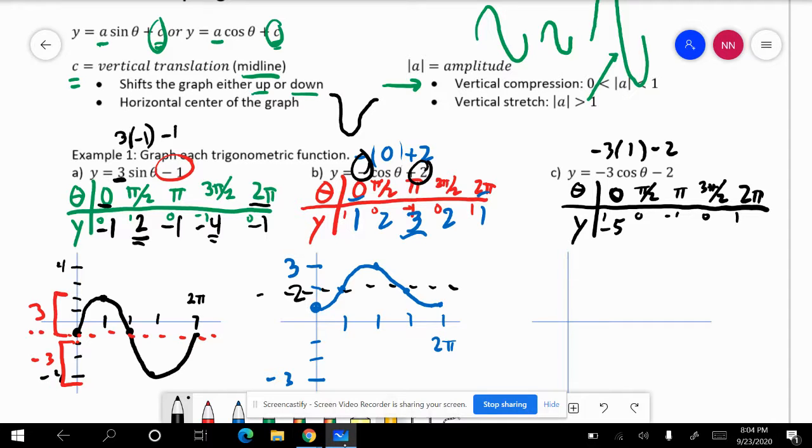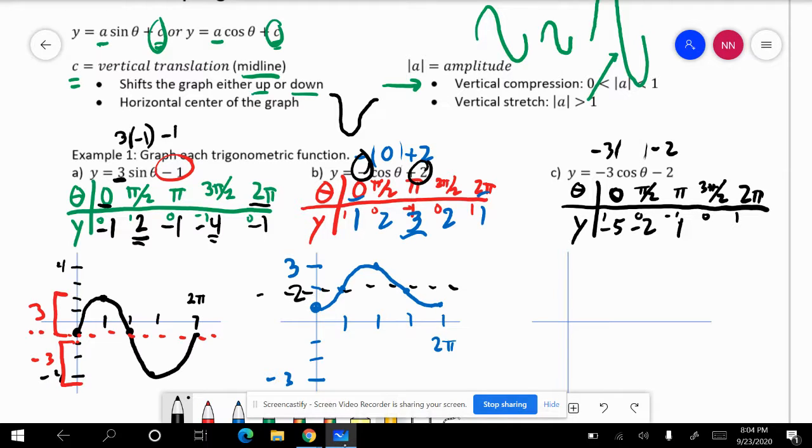Then the cosine of pi halves is 0. -3 times 0 is 0, minus 2 is -2. Then the cosine of pi is -1. So -3 times -1 is 3, minus 2 is 1.